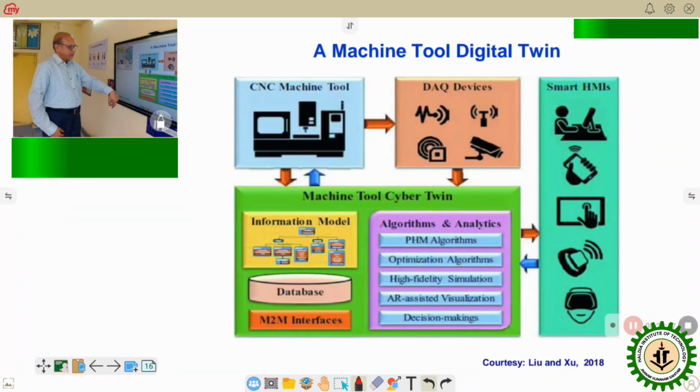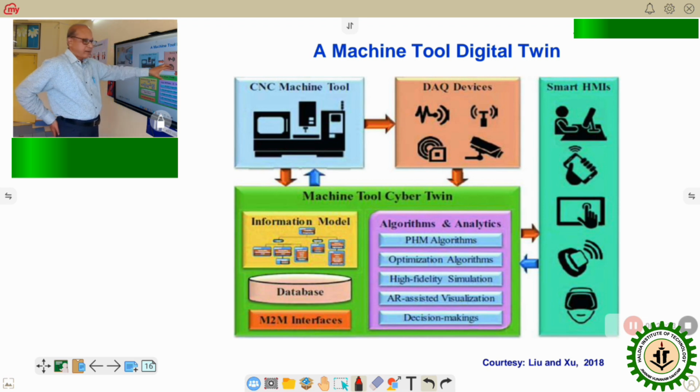This is one example I have taken from a paper contributed by Liu and Zhu in 2018. A CNC machine tool. This is a schematic representation of a CNC machine tool. In the second block we have the DAQ, data acquisition devices.